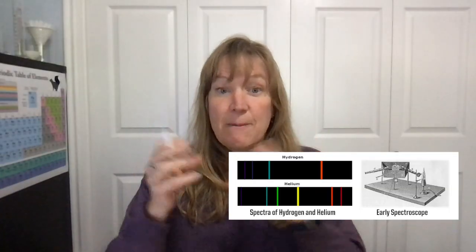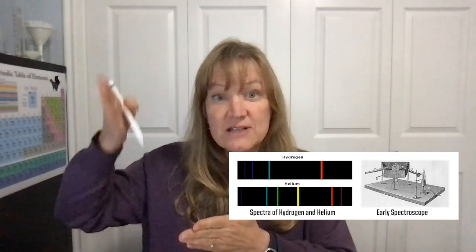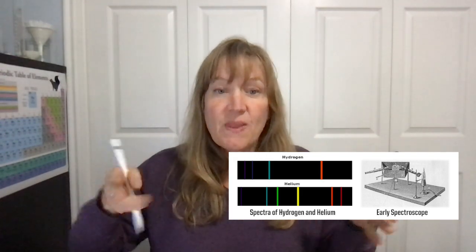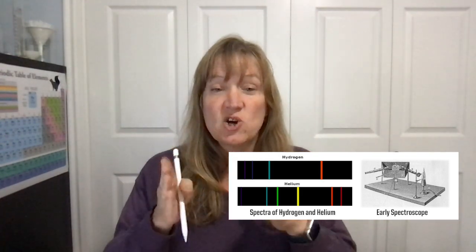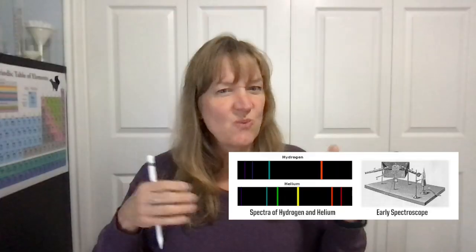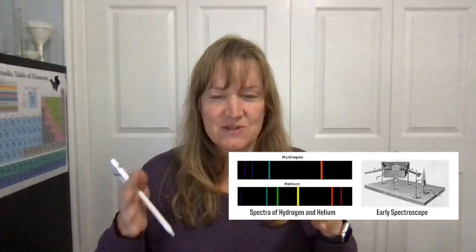But they would burn an element and shine a light through the spectroscope, and they would get lines of color at certain frequencies. And they learned that they could determine exactly what an element was by the particular lines that it put on the spectroscope. And this was one of the beginnings of learning about atoms.